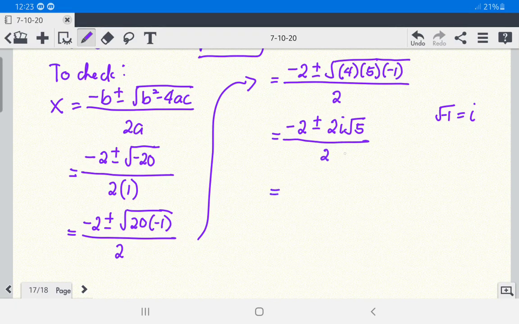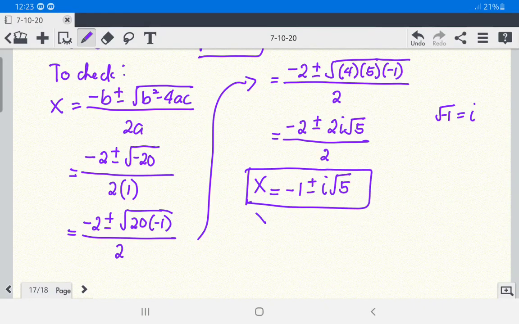Then negative 2, let us simplify since the common factor in the numerator is 2. So we can now cancel 2. Then we have negative 1 plus or minus i square root of 5. So this is now the value of x. The first root is negative 1 plus i square root of 5. Then the second root is negative 1 minus i square root of 5. That's it.